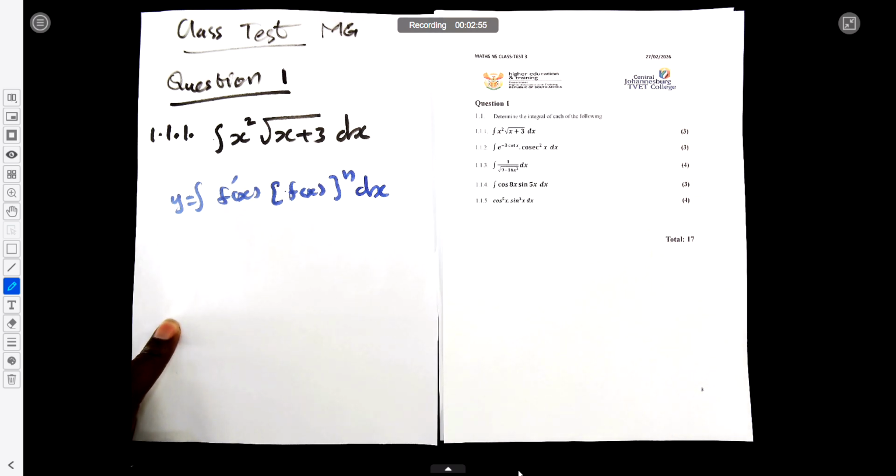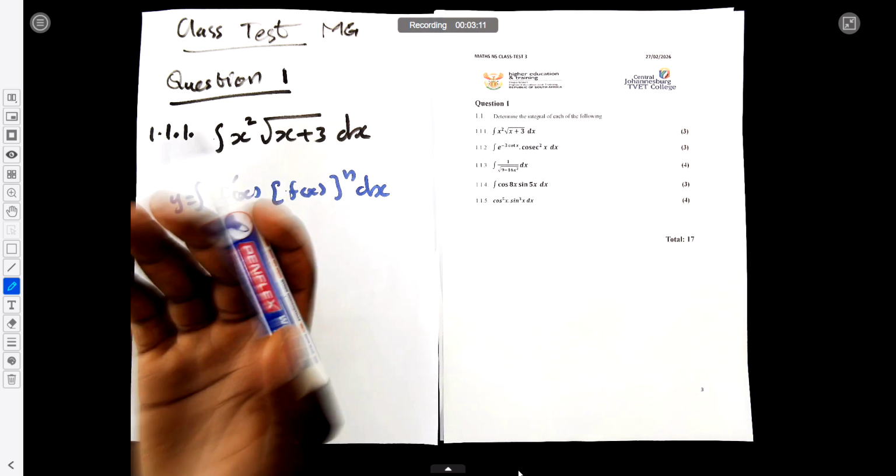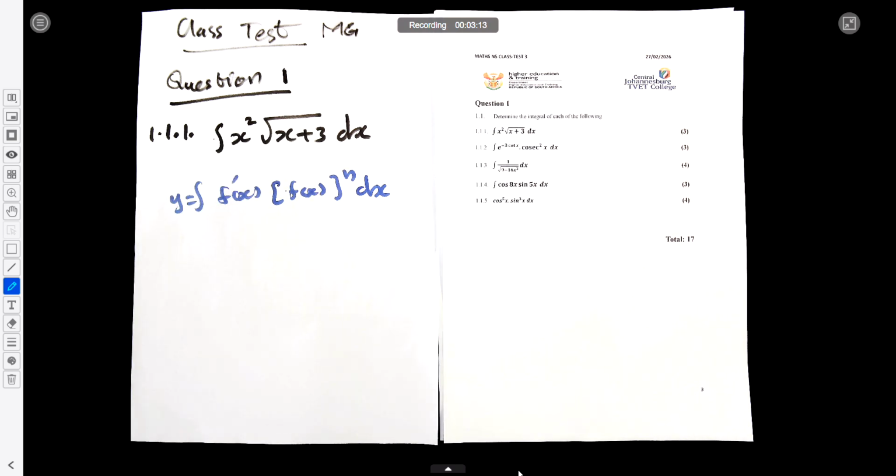Please don't confuse it with having just one function in a bracket. And again, we could think of integration by parts. But if we just have algebra, stick to the chain of functions first. If it doesn't work, we can go to by parts.